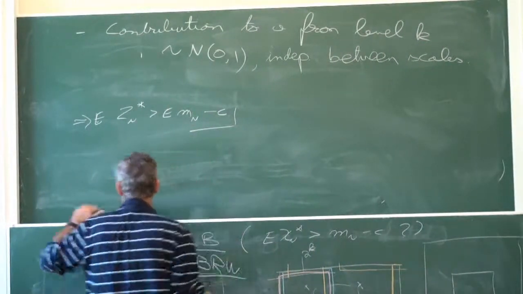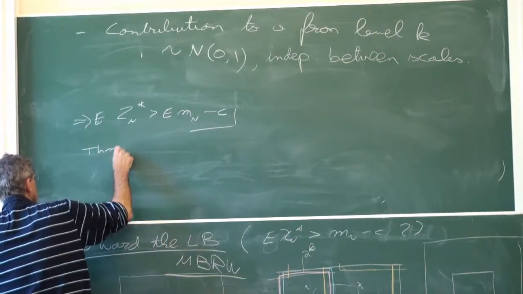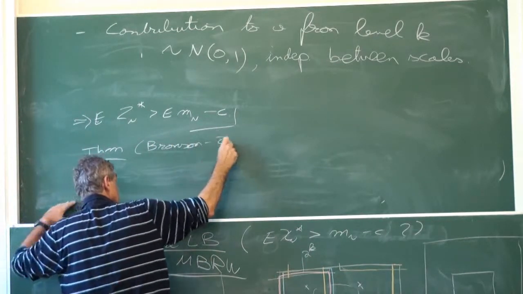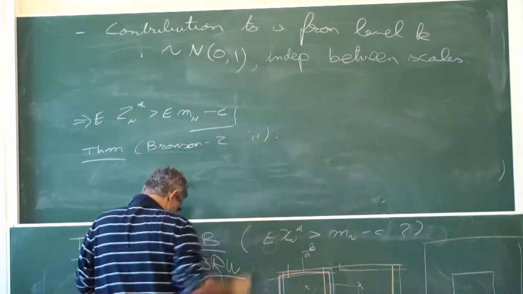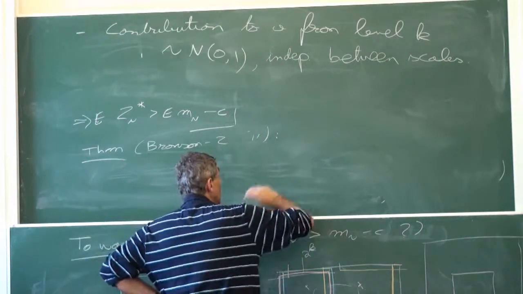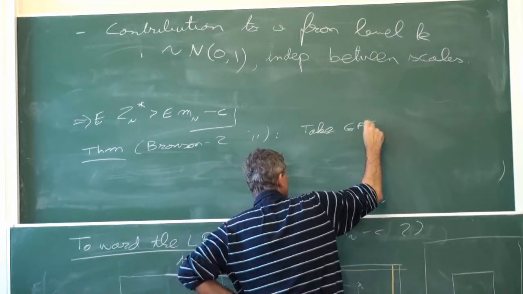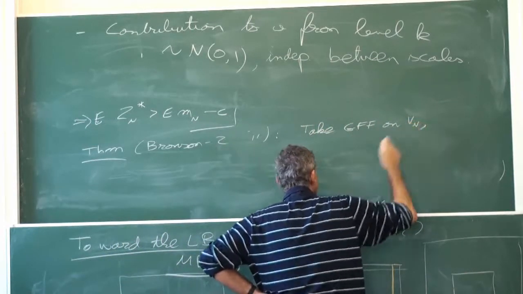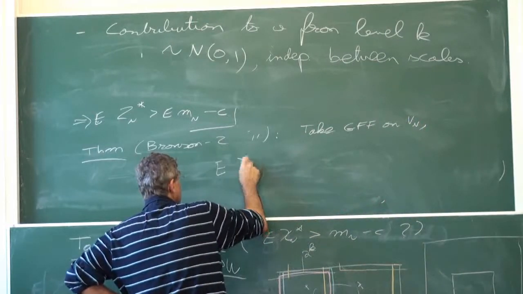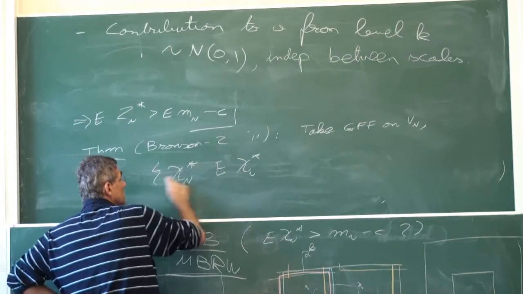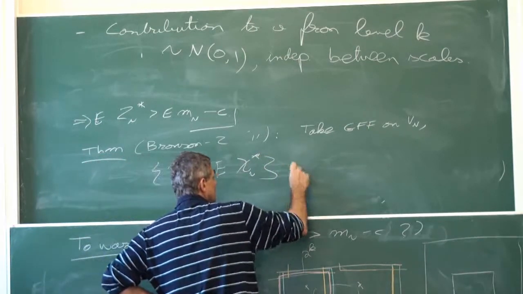So this leads us to the following theorem. That if we take GFF on Vn, then Xn star minus E of Xn star is tight.